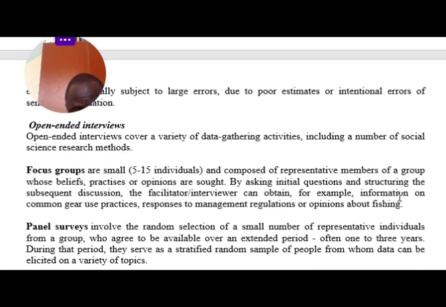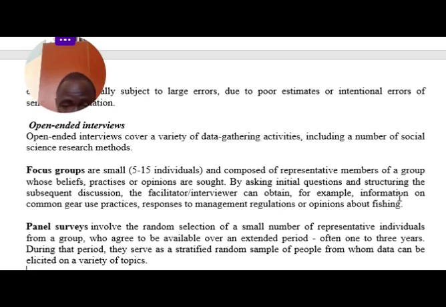When you look at the open-ended interview, it focuses on a given group of people, that is 5 to 15. It focuses on focus groups, small, 5 to 15.